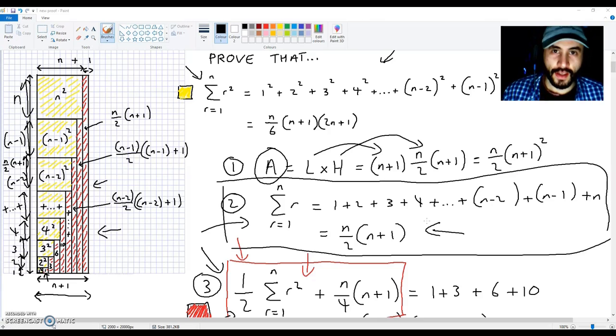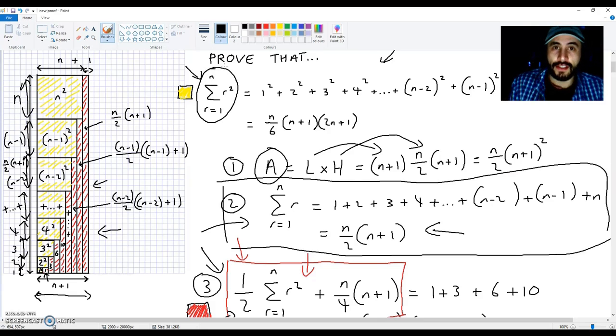Alright, now with all of the logical hurdles out of the way, we can get to the meat of the proof. And maybe you've already figured this out, but all we need to do is get the area of the entire rectangle, then subtract the red parts from it.